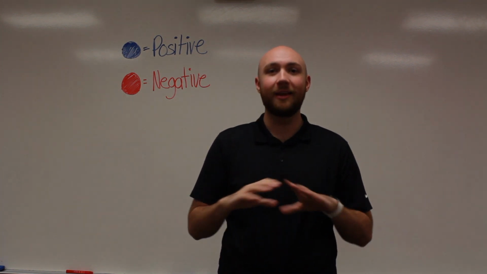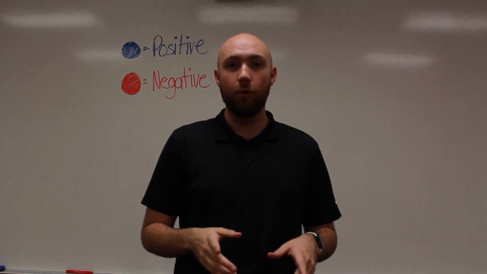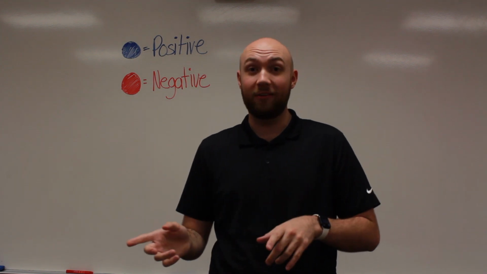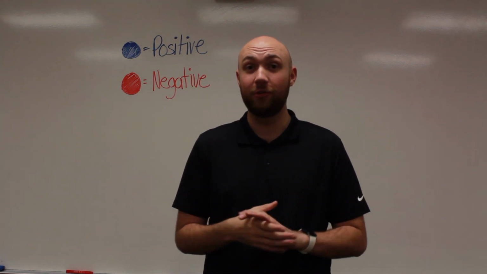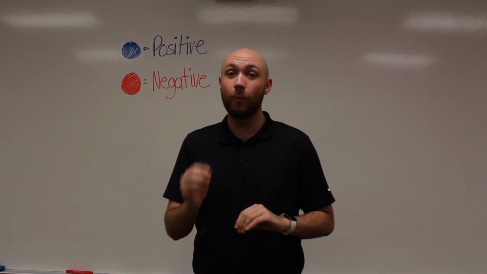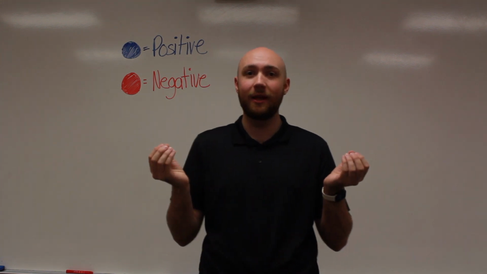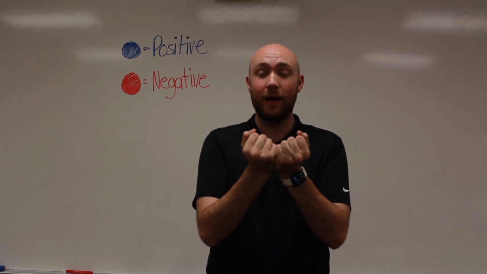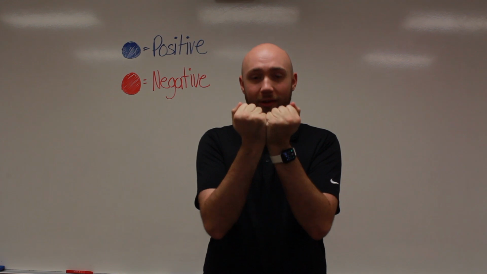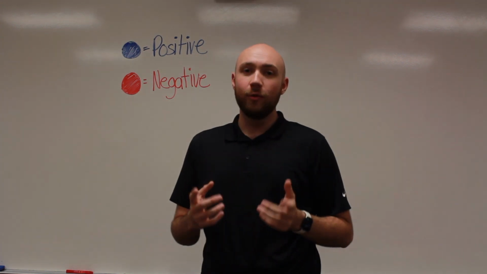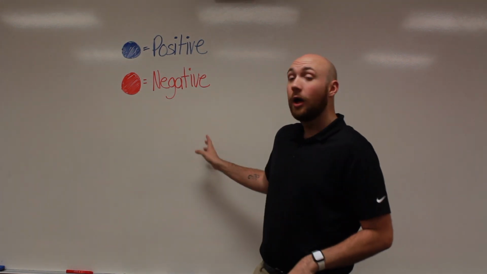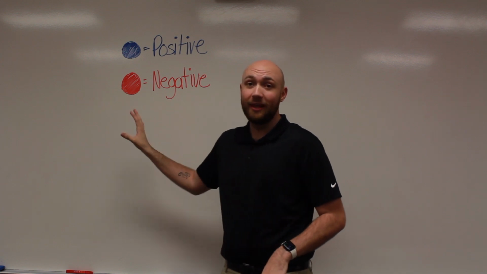It's zero, right? They cancel each other out. This is very important going into the next section of how I add integers. Now that we know what a zero pair is, we'll get into putting this first method into use.